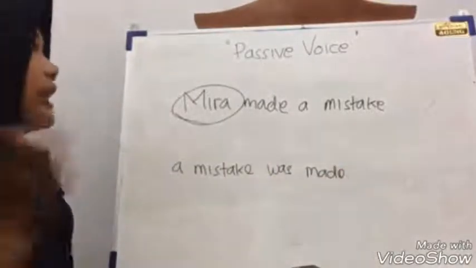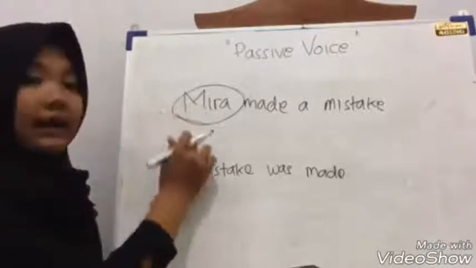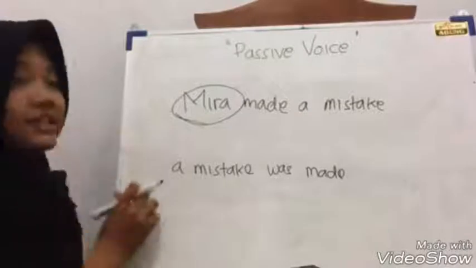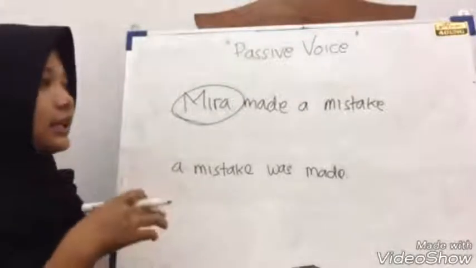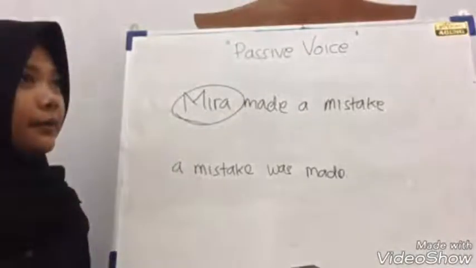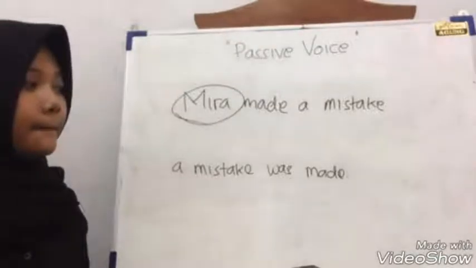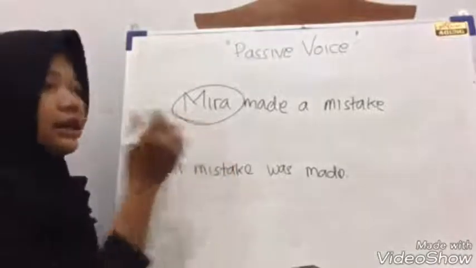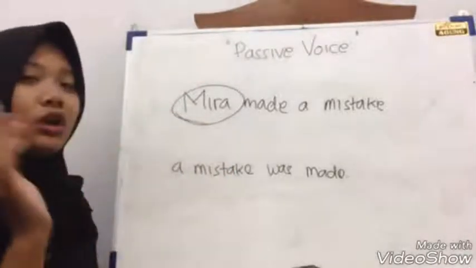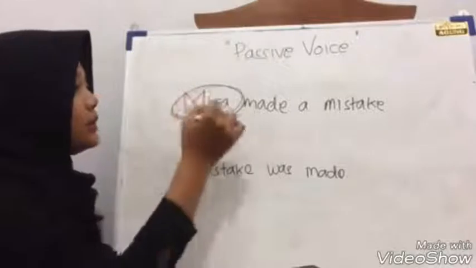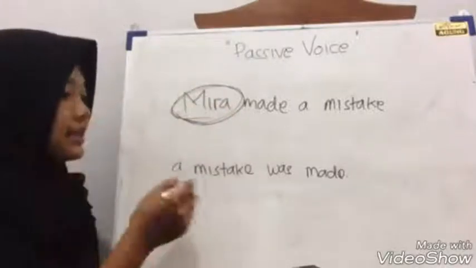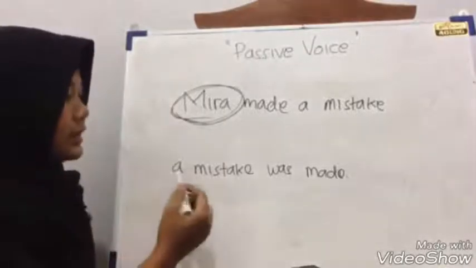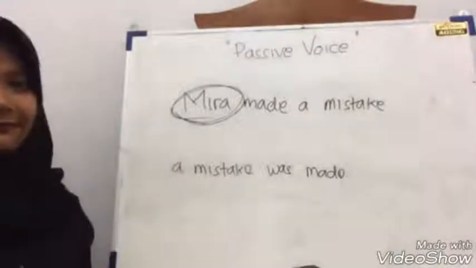So we didn't put Mira in the passive sentence because we don't want to blame Mira as the mistake creator. So we just let the sentence become a mistake was made.